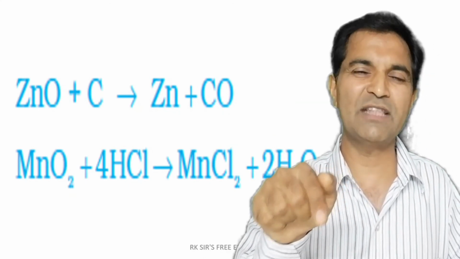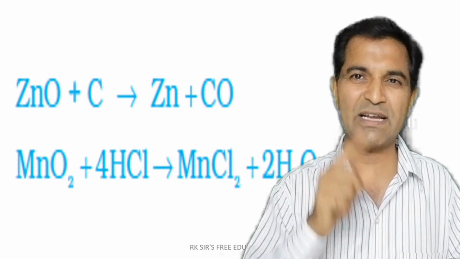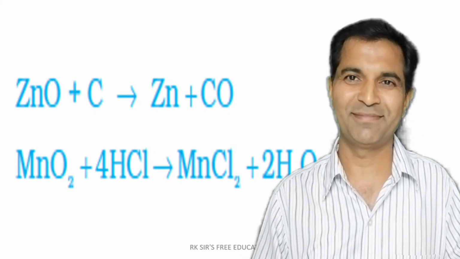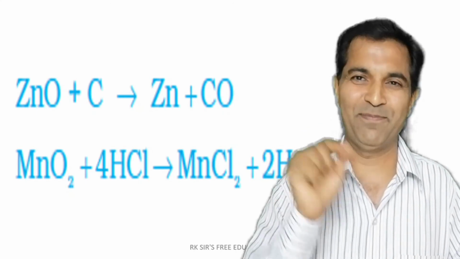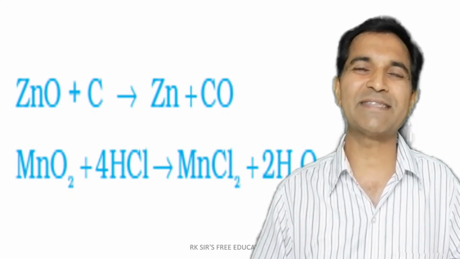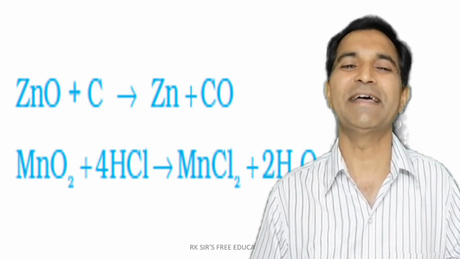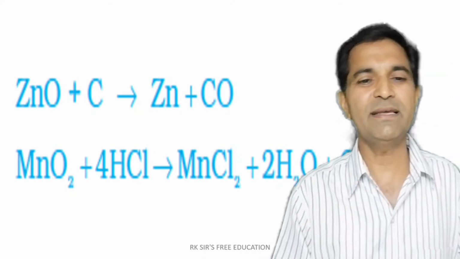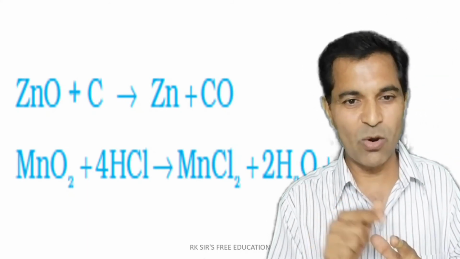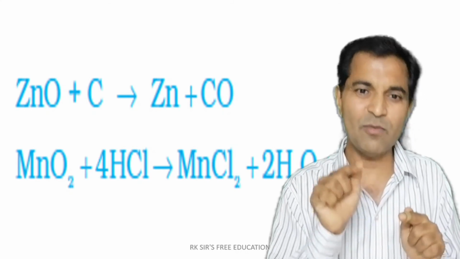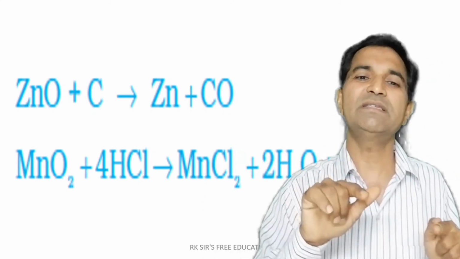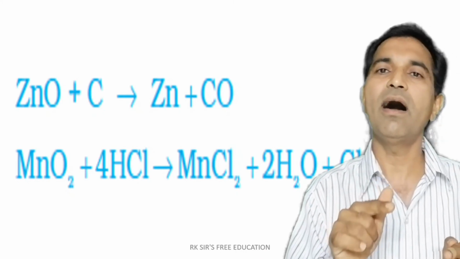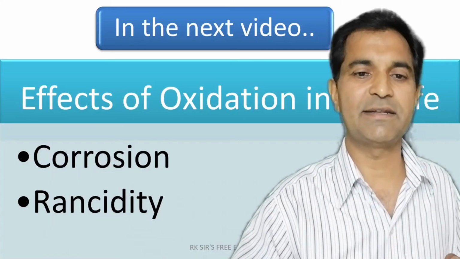Just put the answer in comment. It was lime, yellowish lime color. I think you should remember. Anyway, so in this equation, manganese dioxide, oxygen from manganese gets reduced. So this is also a reduction reaction.